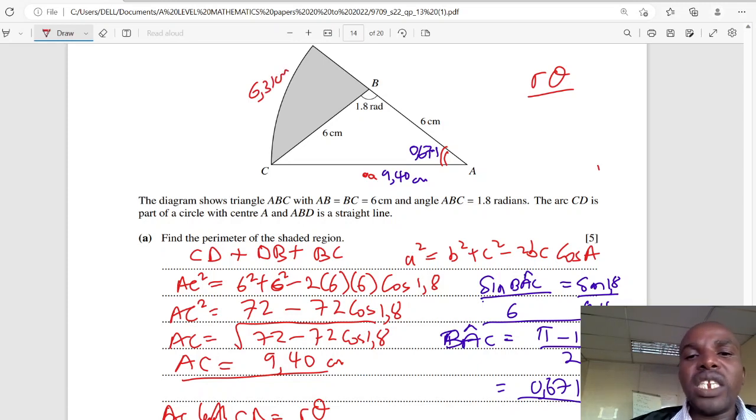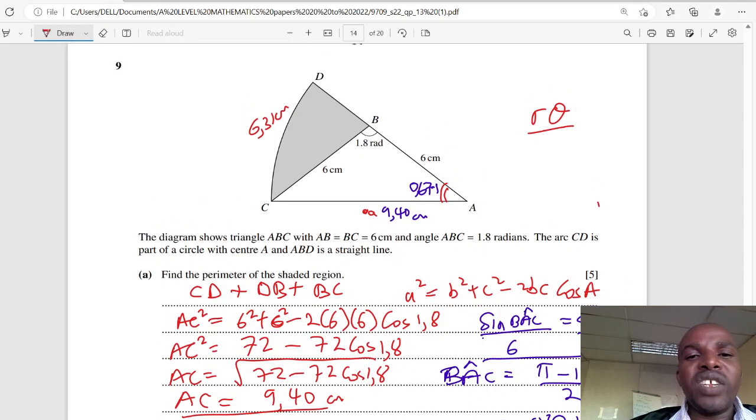Then we are left to find, I already have everything, because DB is just 9.4 minus 6. 9.4 minus 6 is what? That's 3.4.